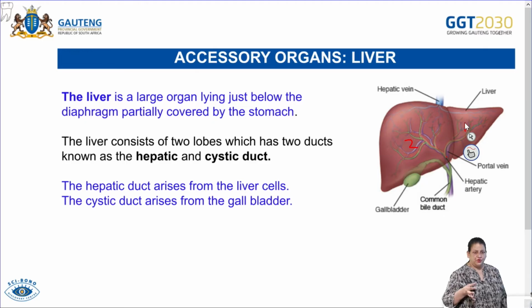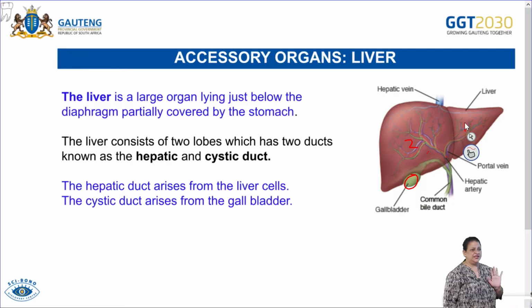But for your knowledge at school, you don't worry about the cystic, you know it as a common bile duct. We'll see why it's common later. So here's your bile duct, which is linked to your gallbladder. Now remember that your gallbladder is the one that stores bile. Your bile is manufactured by the liver and stored here. Can you see? It's like an organ on its own, the gallbladder and the liver. It's not attached to the mainstream of the digestive system.